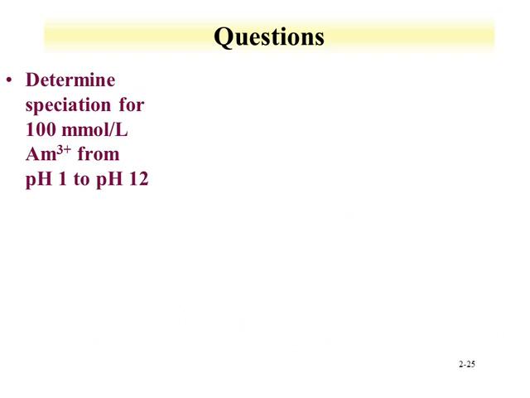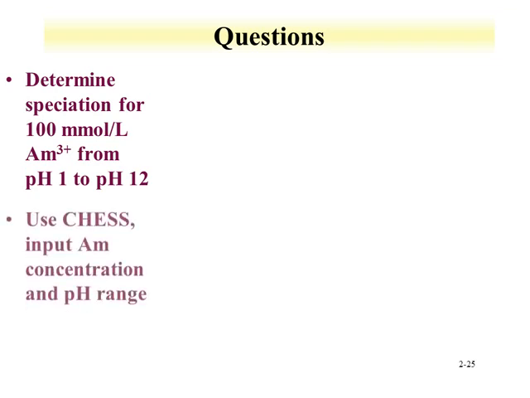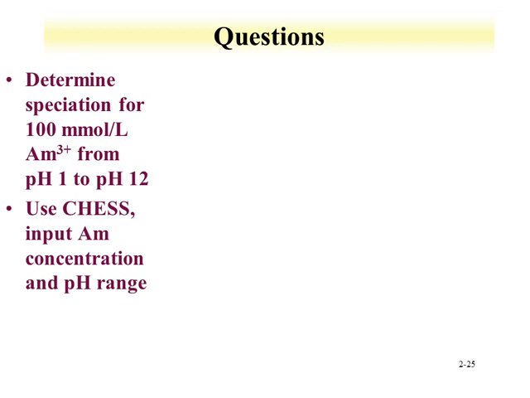Another question that you should be able to answer based upon the lecture is something to the effect of: determine the speciation for 100 millimole per liter americium-3 from pH 1 to pH 12. What one would do is use CHESS, input the americium concentration and the pH range.